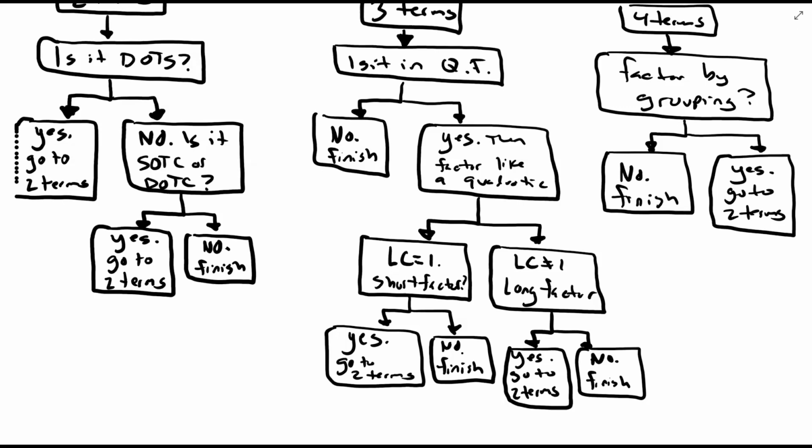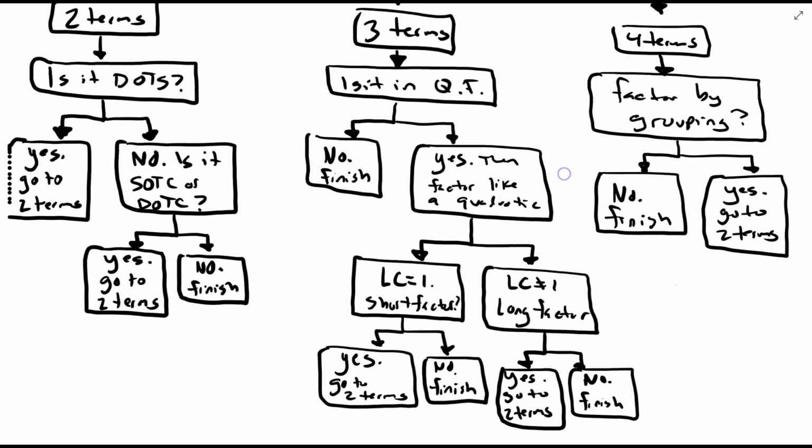So that was the factoring tree that we built for first semester. Right? You guys kind of remember doing this or using this, hopefully. Now, there are some places that we couldn't do anything. For example, if I wasn't in the quadratic form, there's nothing for us to do.